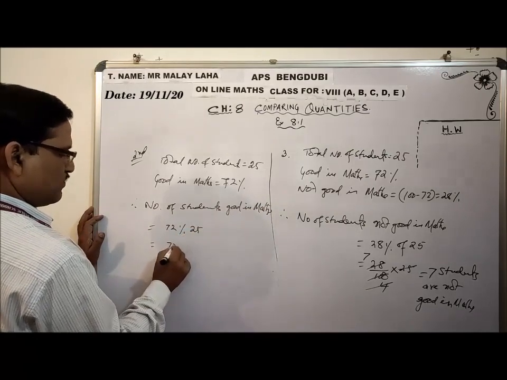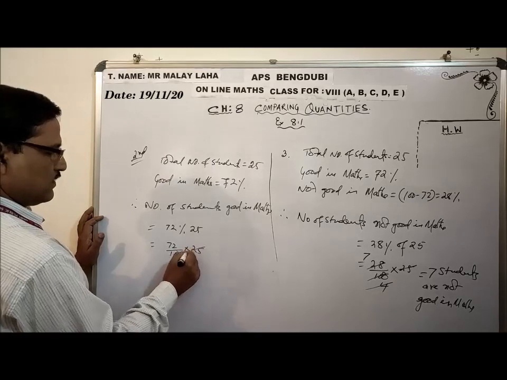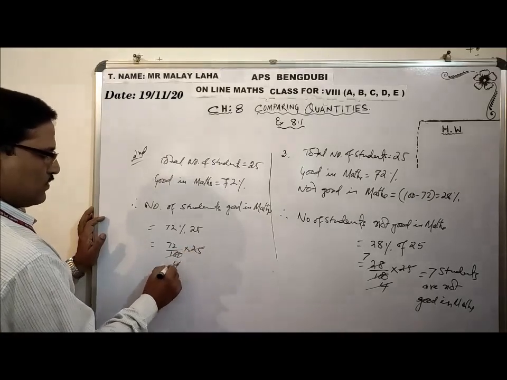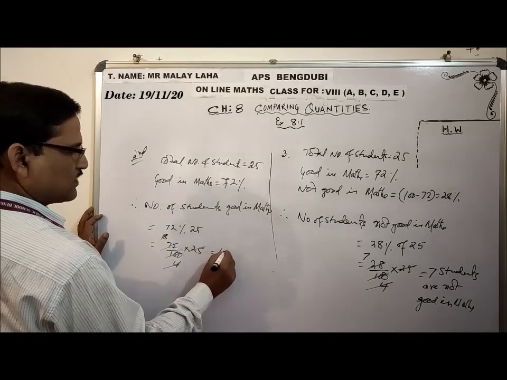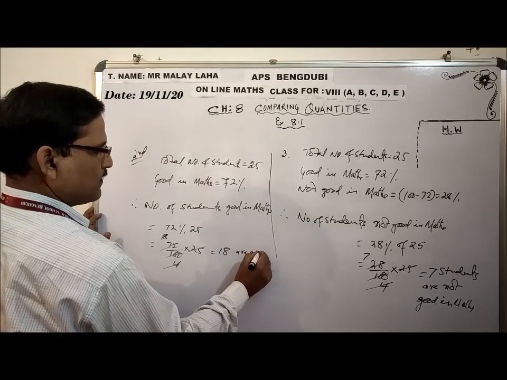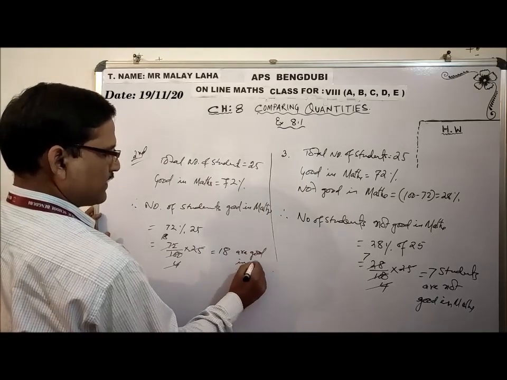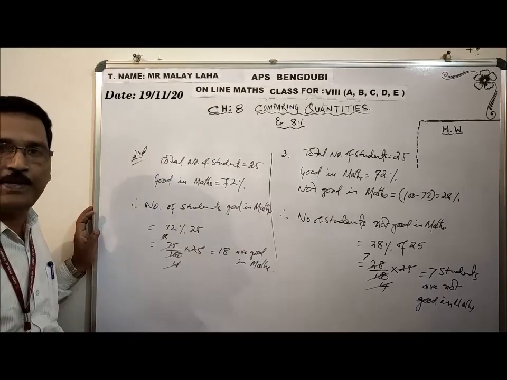So 72 by 100, percent is removed. Cut 4, cut 18, equals 18 are good in maths, but you require not good in maths.